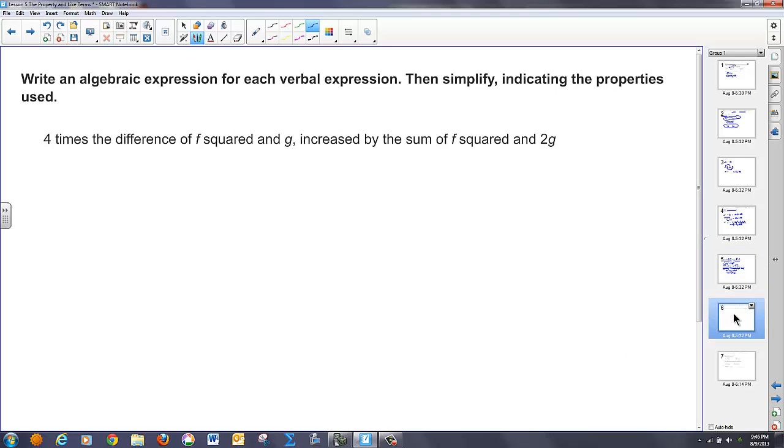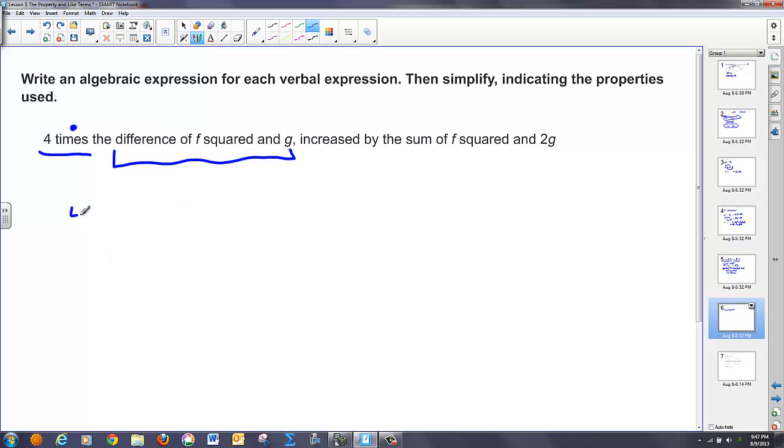We're going to take and write an expression now for the verbal, and we'll indicate the properties. So we have 4 times the difference of f squared and g. So times means a product, difference means a subtraction.